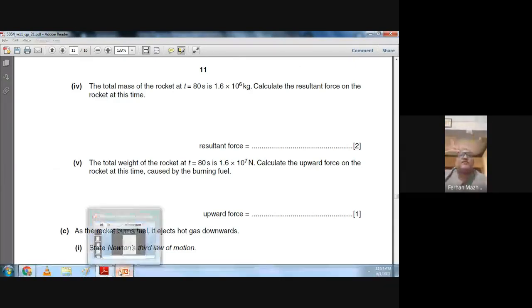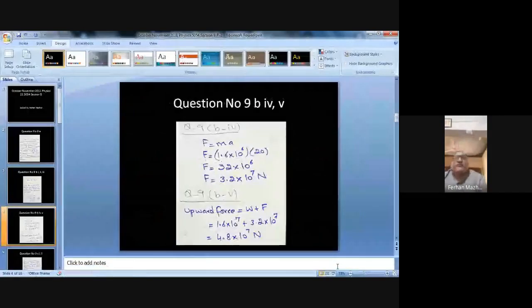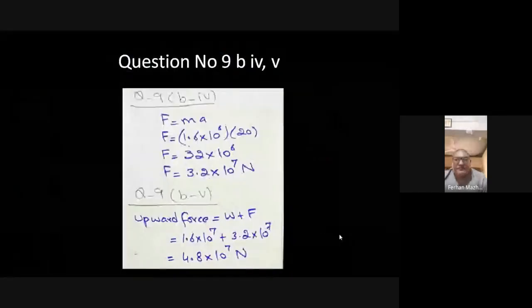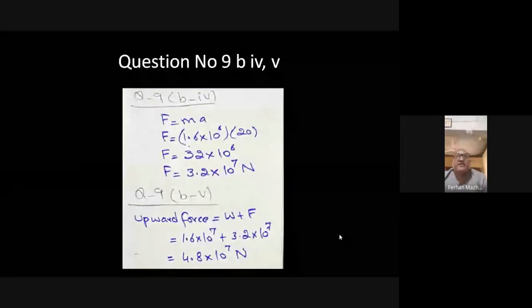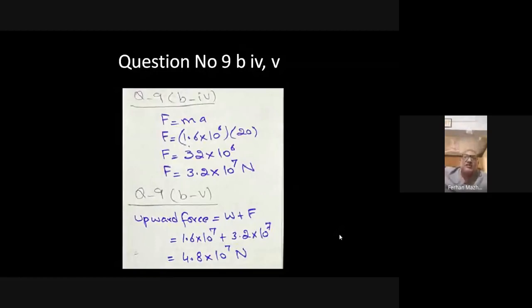I've done this on a paper. Let me show you my work. On the screen, you can see F equals ma, F equals 1.6 × 10^6 multiplied by 20, and the final answer on your calculator will be 3.2 × 10^7 newtons.